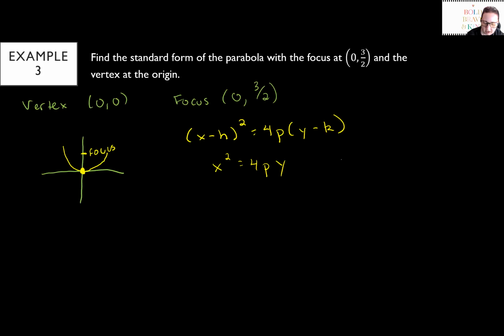So this 3/2, that is equal to k plus p. And k is 0. So p is equal to 3/2, which makes sense because p is the distance from the focus to our vertex. And so if the focus is at 3/2 up there and the vertex is at 0, that distance is going to be 3/2.